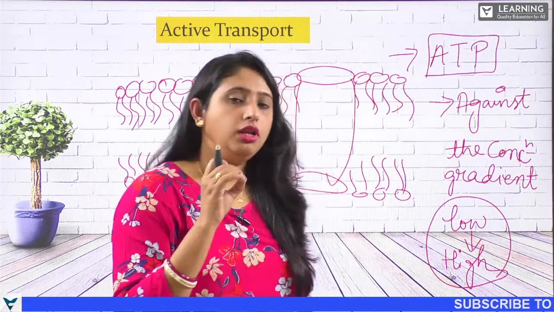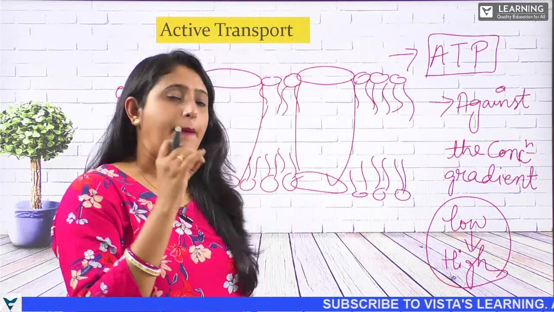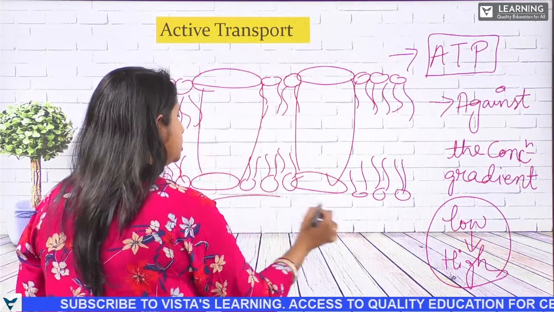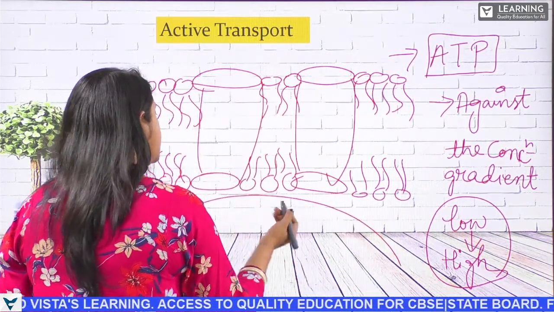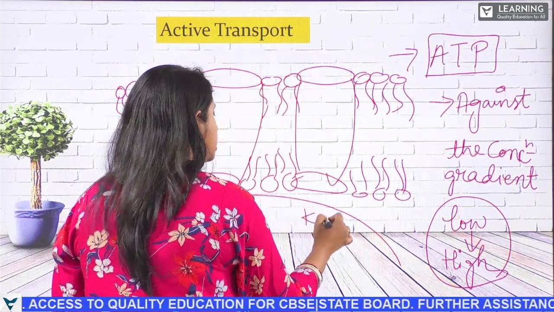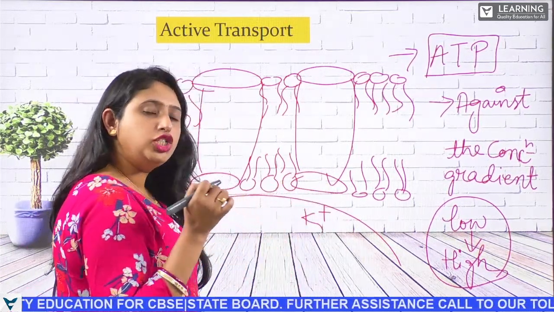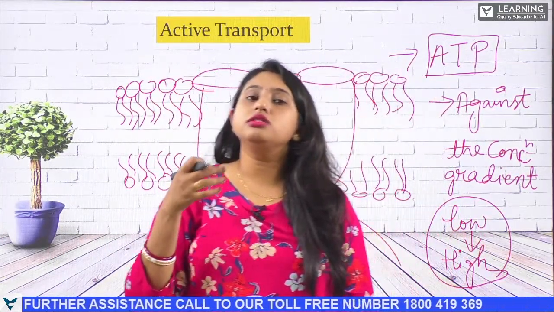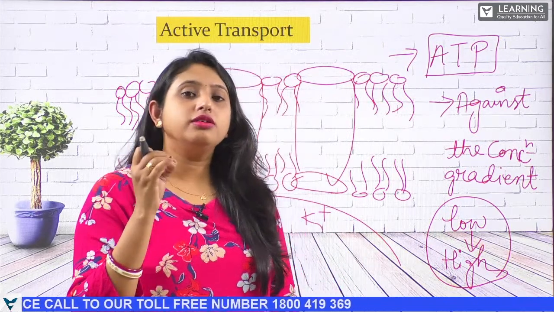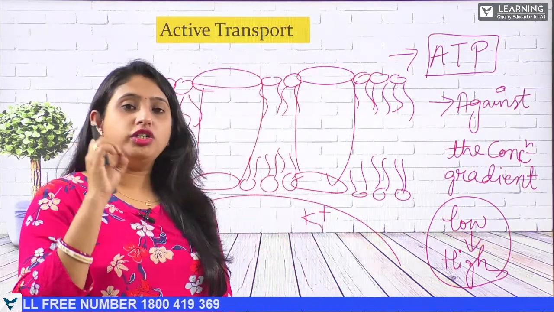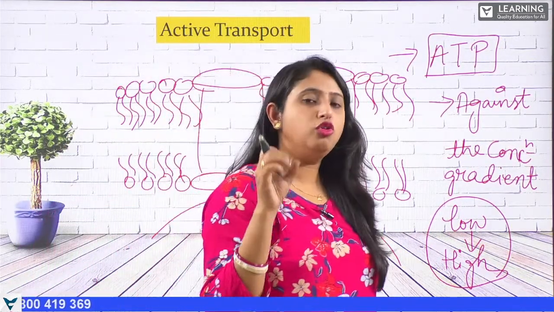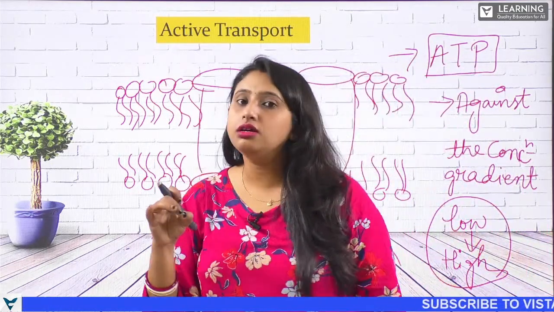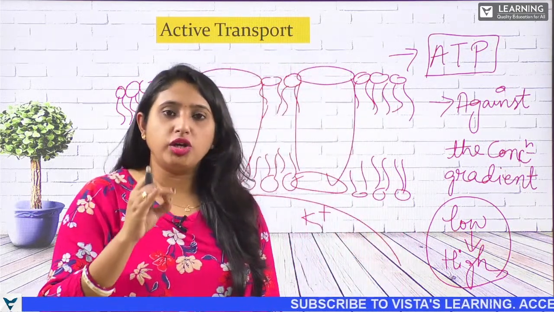Now, for example, this is the plasma membrane, and this is the cell, this is a lumen, and the cell has potassium ions. Through active transport, various ions are being transported. The ion present in the most major amount in a plant is the potassium ion.